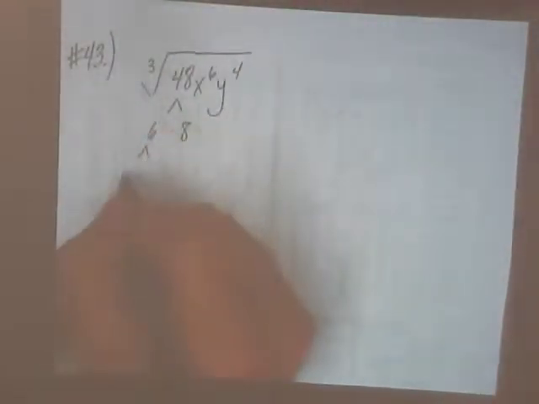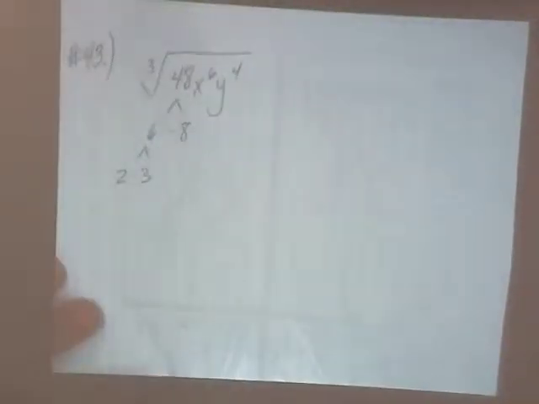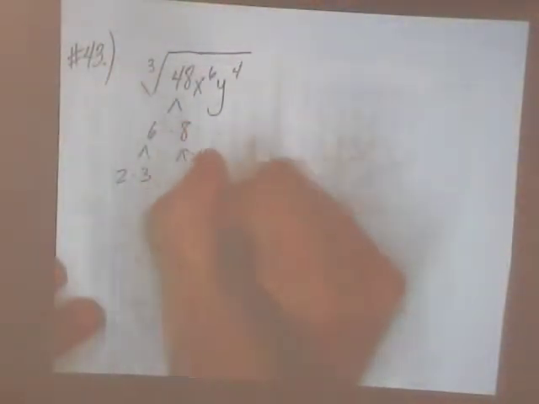All right, it's cube root of 48. So I need a set of 3 of something before I can pull it out. Let's deal with the 48 first. Two numbers multiplied together give me 48: 16 and 3, 6 and 8. Break the 6 down: 2 and 3. Break the 8 down: 3 2s, right? 2, 2, 2.